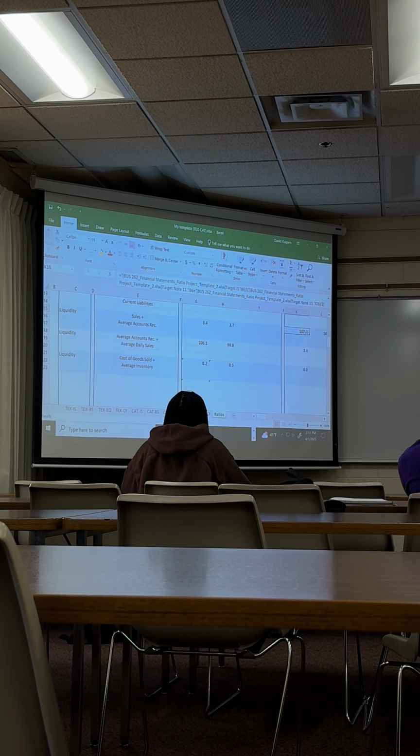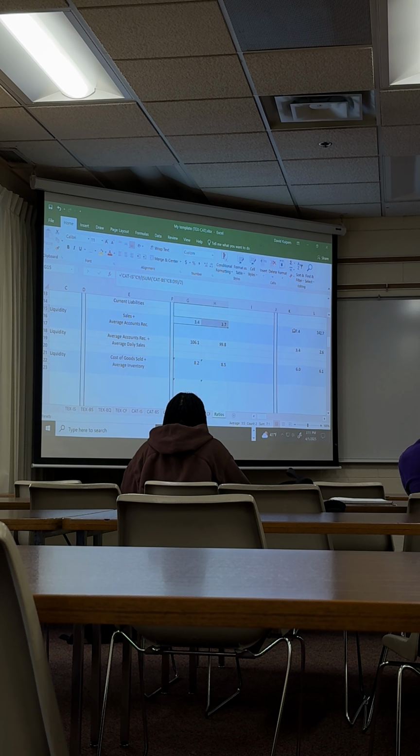I'm not sure which company this is, either Walmart or Target, it doesn't matter. But look how dramatically different the ratios are. They're almost the opposite. The accounts receivable turnover ratio for Caterpillar is very small, and the number of days sales in receivables is very high. And the opposite is true for, let's just say this is Target.